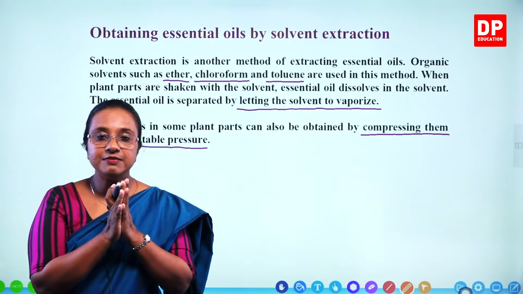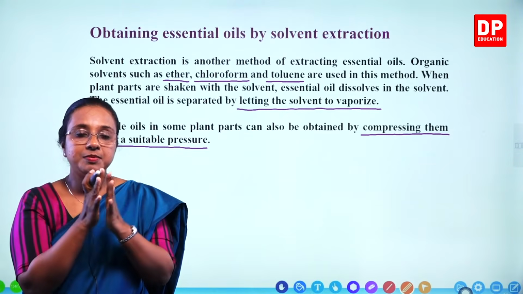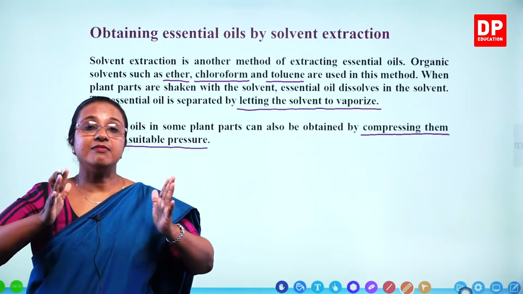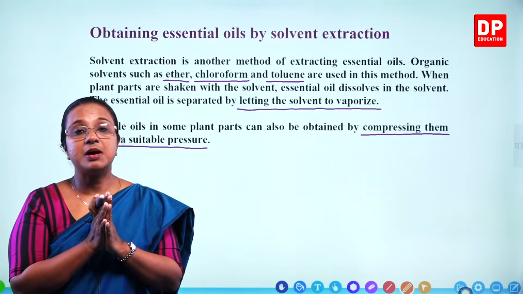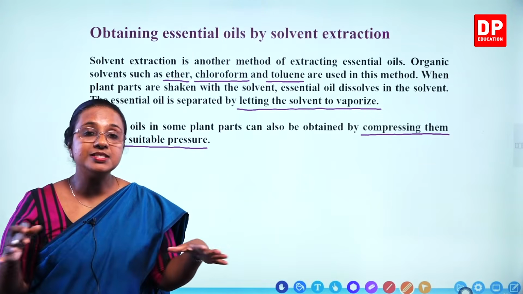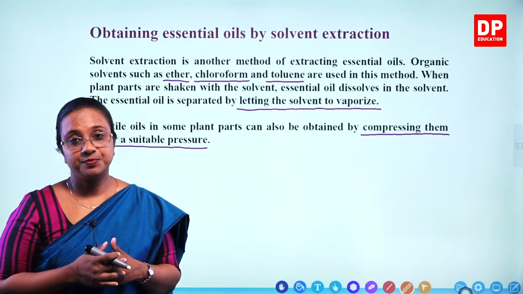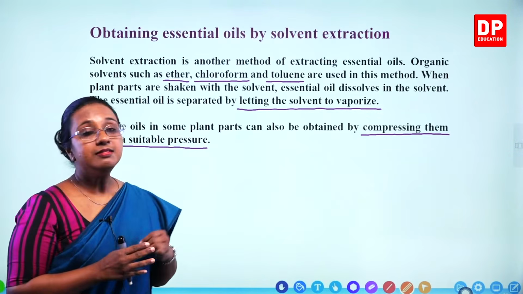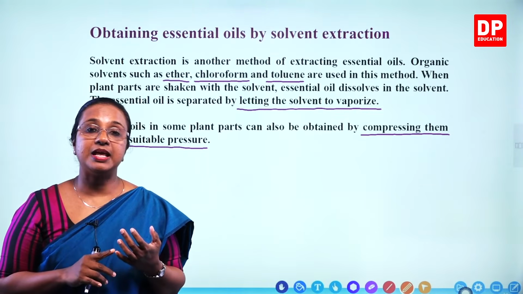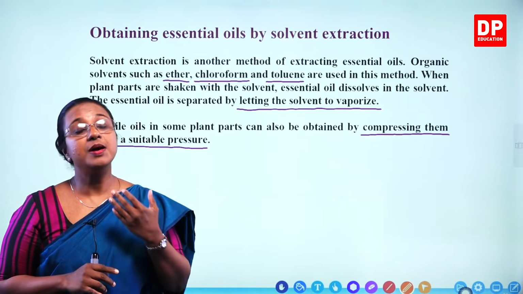Say if it's a leaf, when the leaf is kept between the compressing equipment and given a certain amount of pressure, the essential oil present is squeezed out of the leaf. So there are 3 methods of separation that are used to separate essential oils from plants.